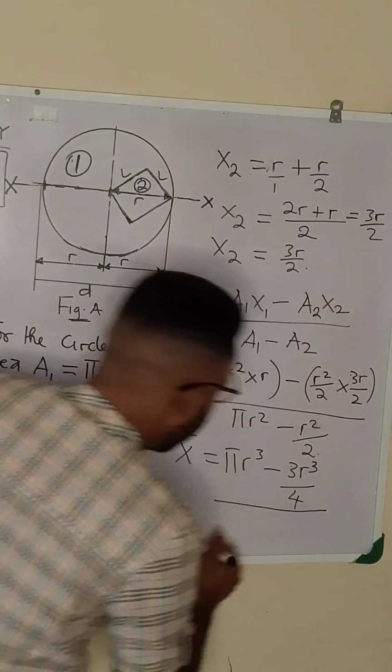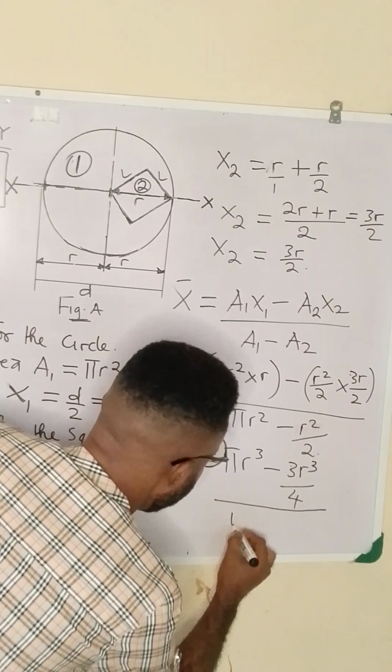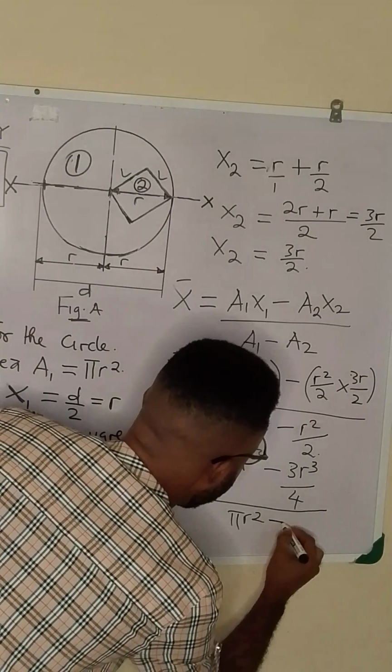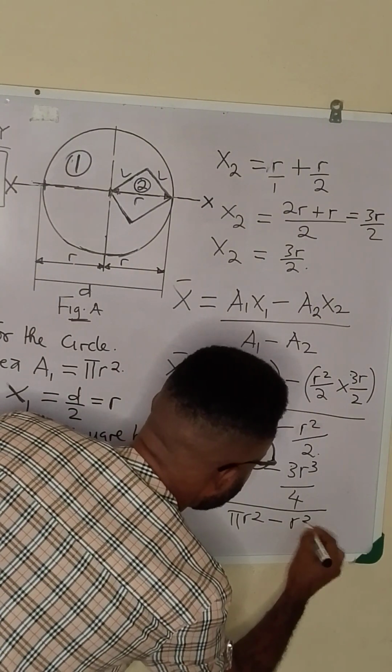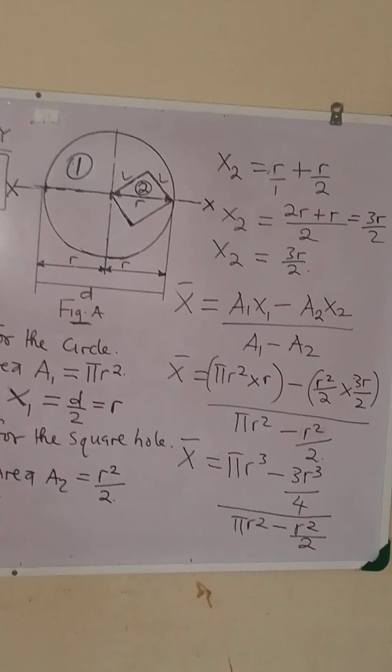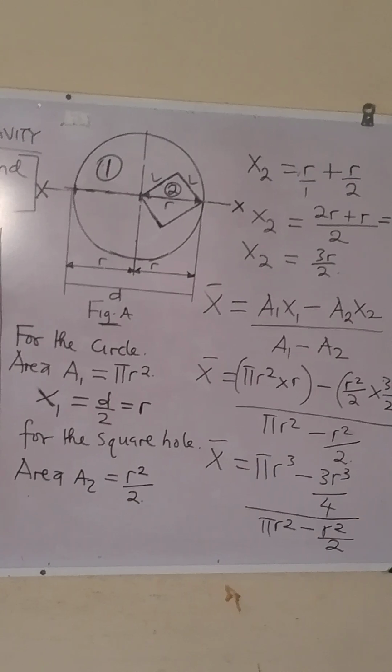Then we divide by pi r squared minus r squared over 2.